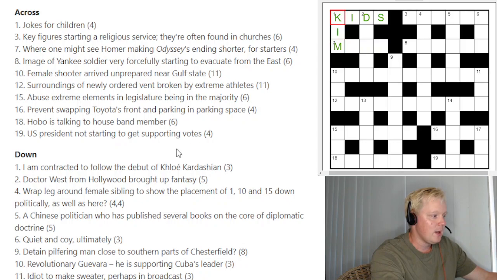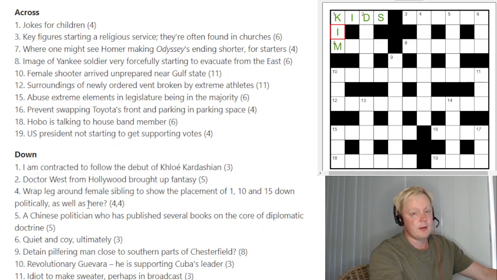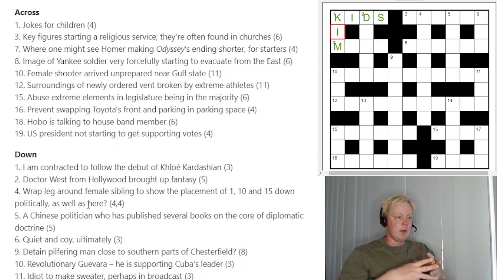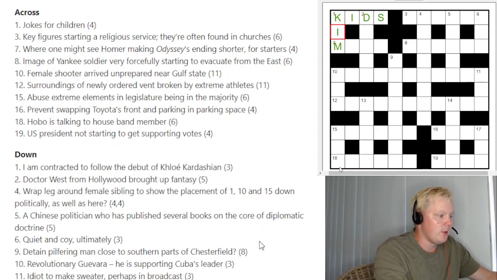So that's K, debut of Chloe, the first letter of Chloe, and that is followed by something. I am contracted. Now, why is I am contracted I'm? Well, it's not like a written contract. This is supposed to be like a contraction, like shortening. So I am, a contraction for that is I'm, then apostrophe. So I'm follows K, we get Kim.